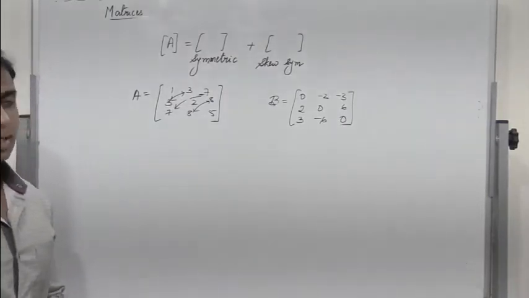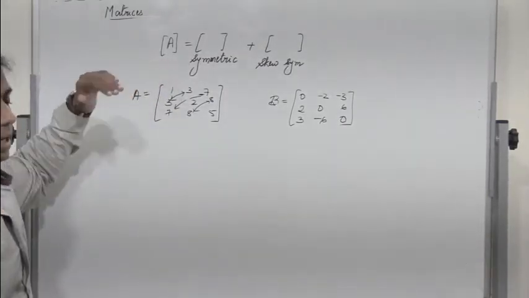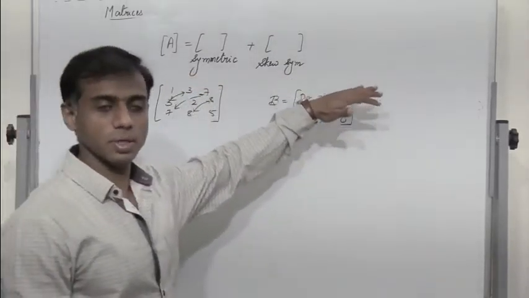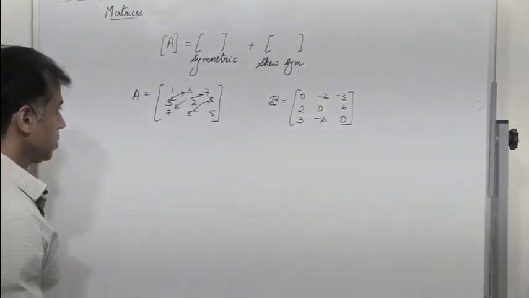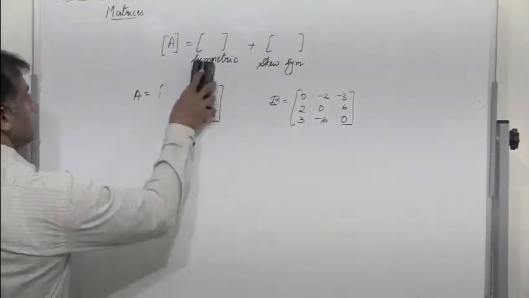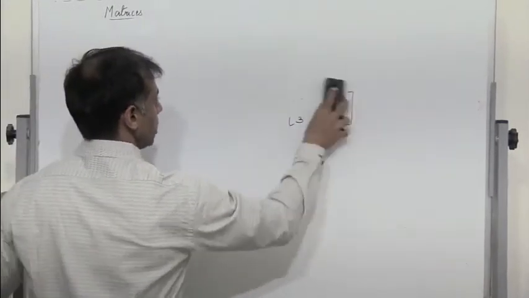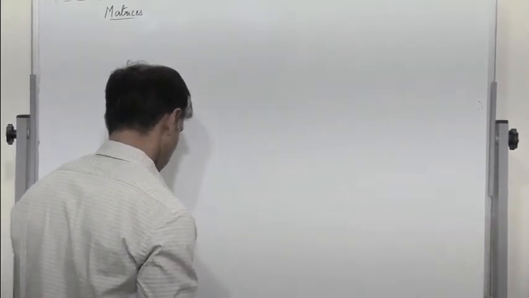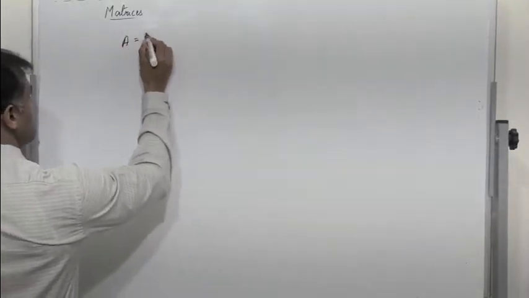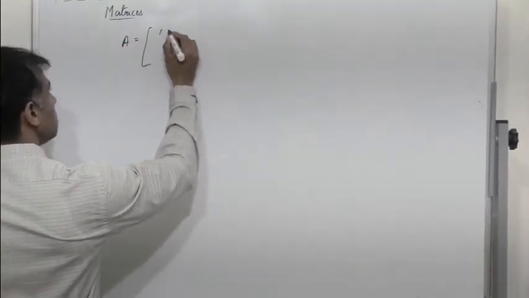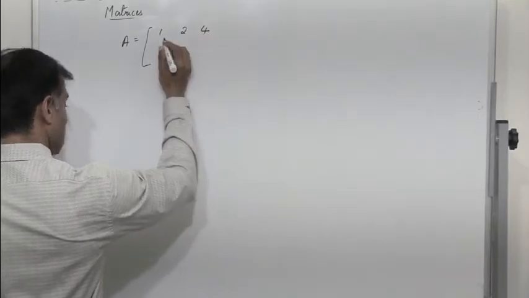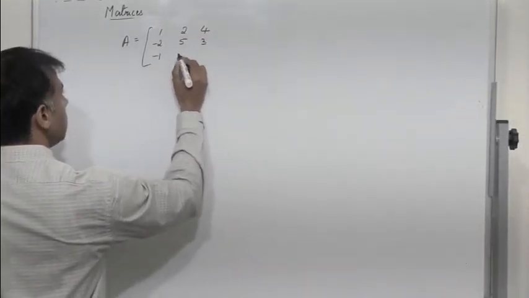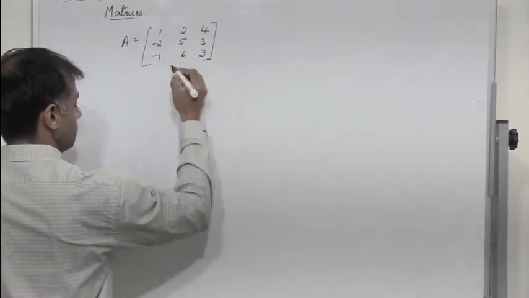So now the property states that any square matrix A can be represented as a sum of symmetric and skew symmetric. So how can this be done? Let's take an example. Let me consider a 3 cross 3 matrix A, which is 1, 2, 4, minus 2, 5, 3, minus 1, 6, 3.